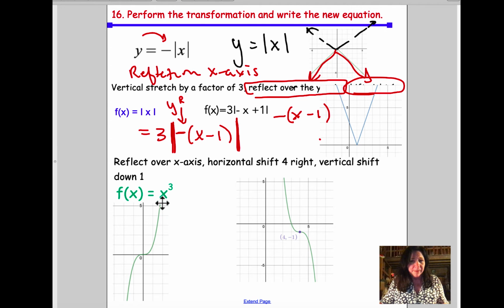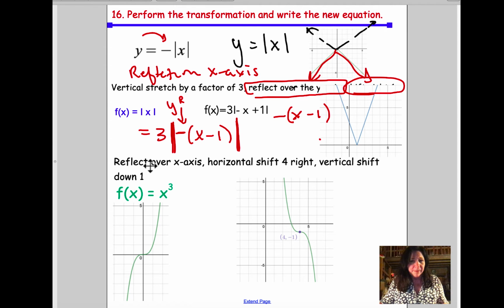You know, parent graphs and stuff like that. Y equals x cubed is that graph that goes like this. If I were to reflect that over the x-axis, it would look like this, right? But at the same time, as if I were to reflect that across the y-axis, I'd get the same thing. All right, so some of these, we call those odd functions, by the way, and we're probably going to get to those next semester.